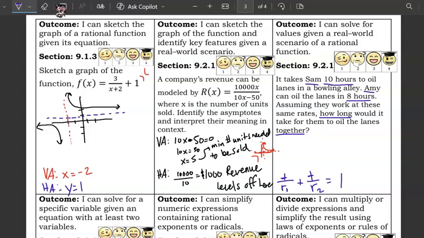equals 1 job done. If we plug these into the formula, we have t over 10 plus t over 8 equals 1. So then we have (8t plus 10t) over 80 equals 1.